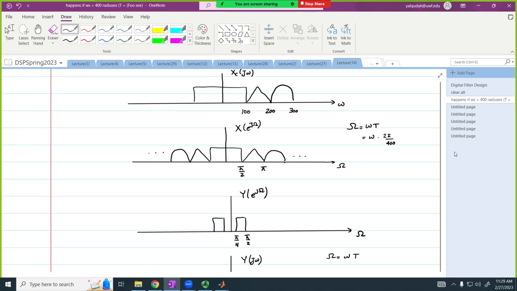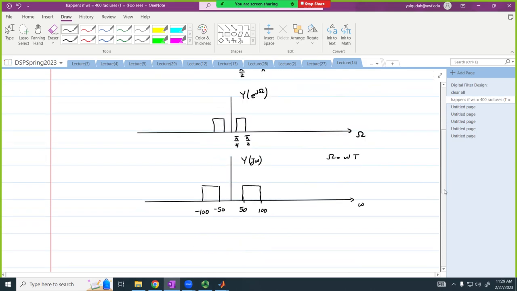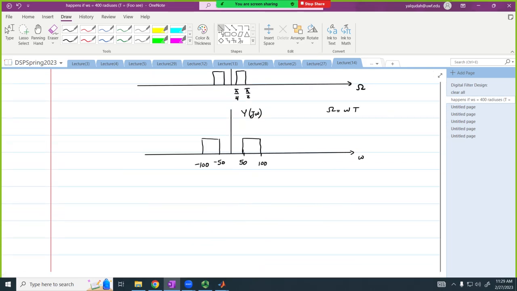But just worrying about what's going to happen to the filter, so just focusing on what the filter is going to pass through, is going to have an effective filter that looks something like this.